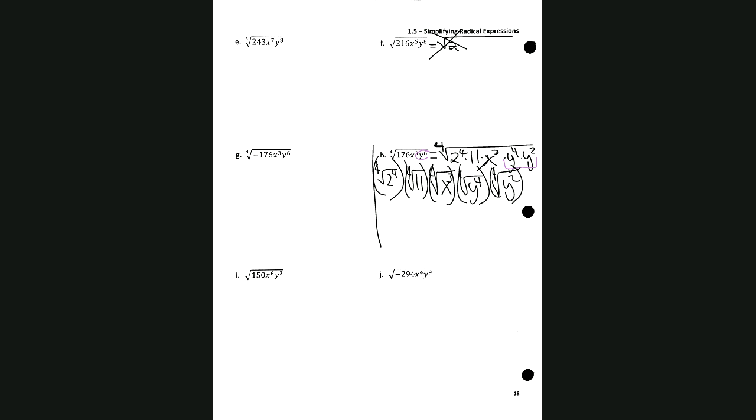Then we simplify. This fourth root will be with the exponent 4, so the 2 comes outside the radical.